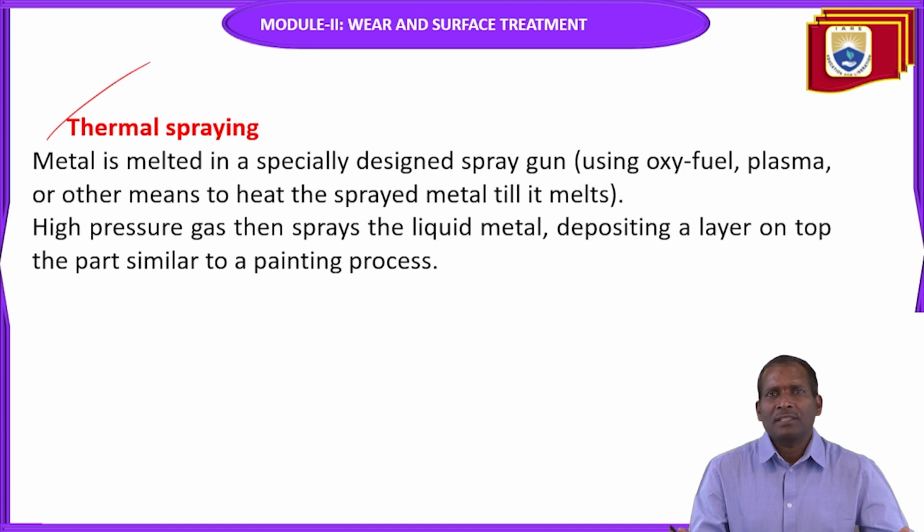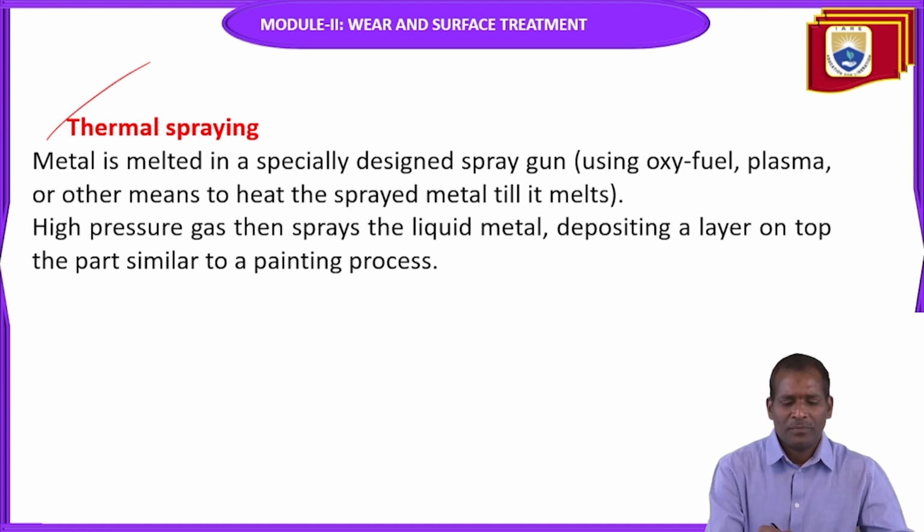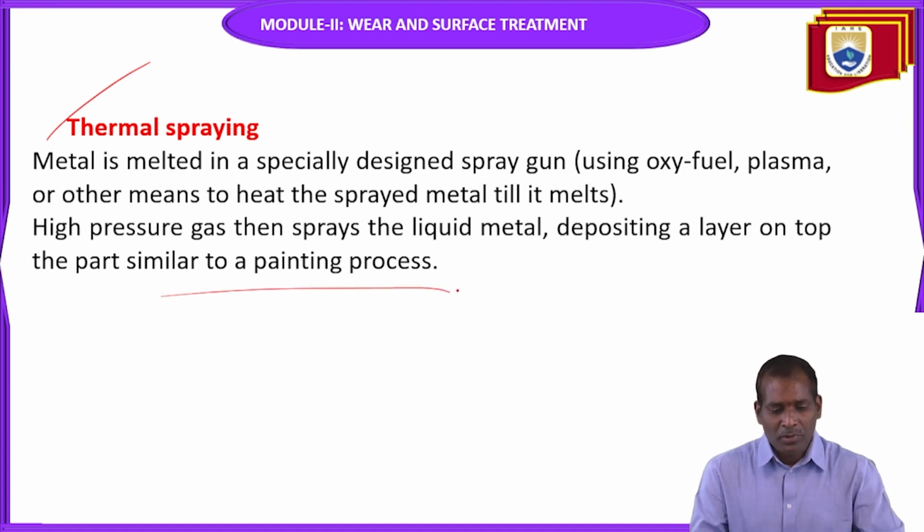High pressure gas then sprays the liquid, molten metal, depositing a layer on top of the part, similar to a painting process, layer by layer, just like a painting process.